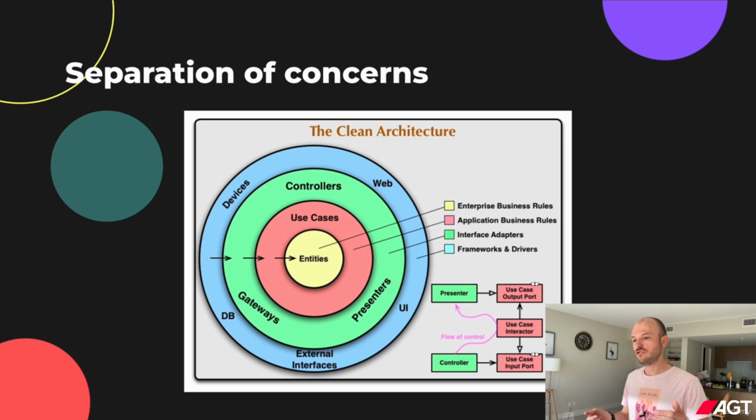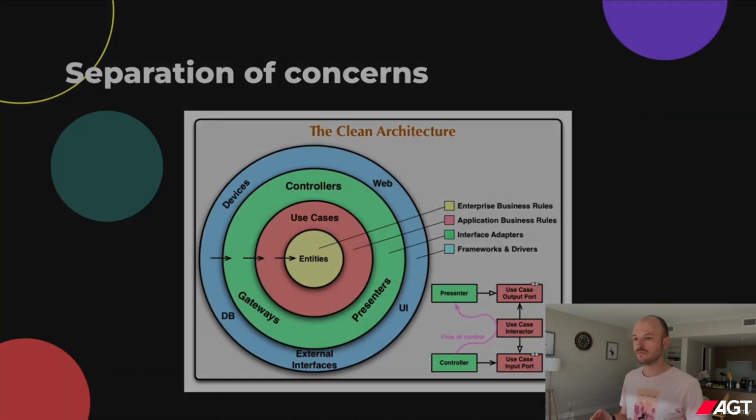In a clean architecture, each part of application business logic is isolated from the outer layers that handle input, output, and infrastructure concerns. This separation allows each part of the logic to be more flexible, reusable, and testable, and also makes it easier to change or update the outer layers without affecting other logic.